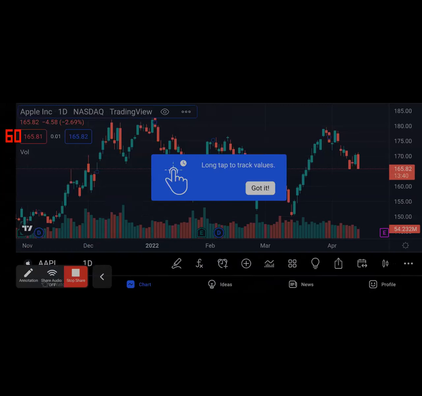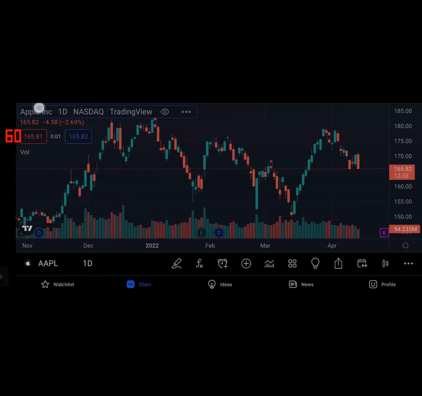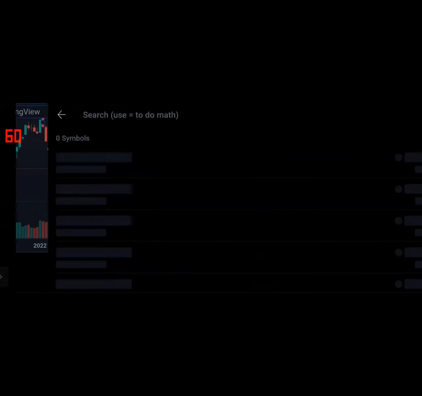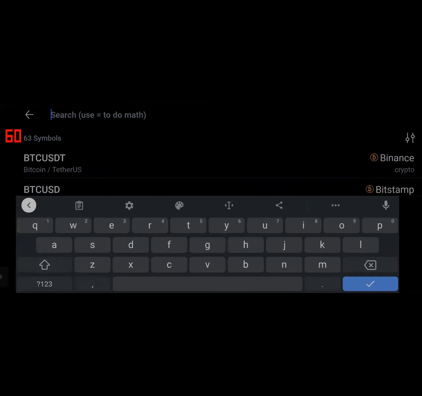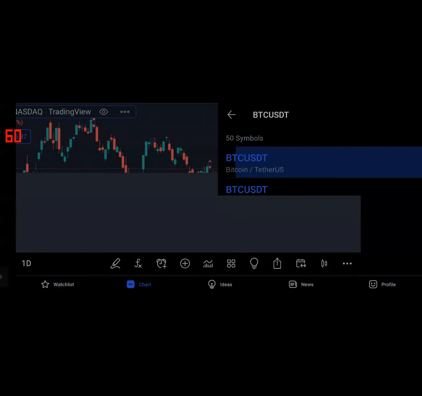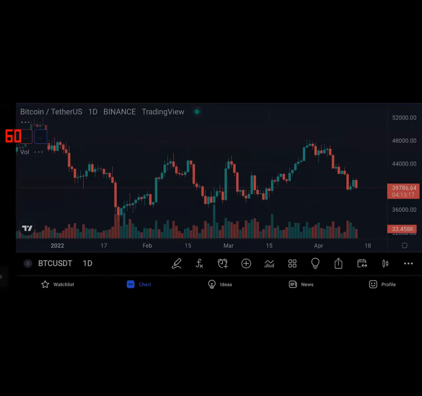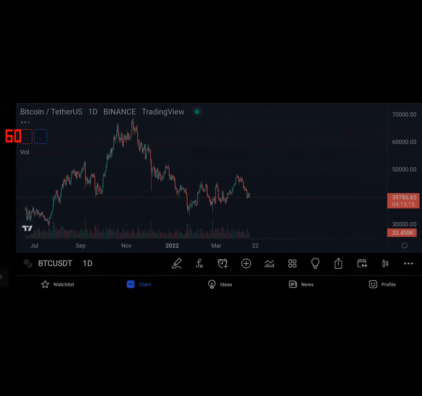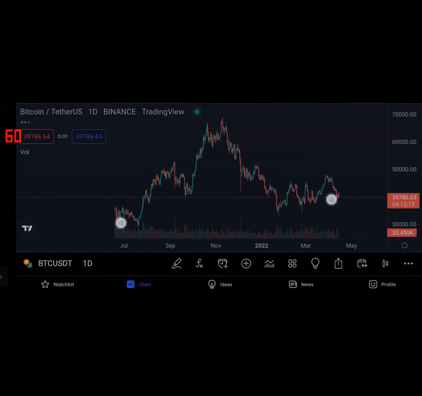Let me select a coin for example. Let me select BTC. BTC USDT. All right.